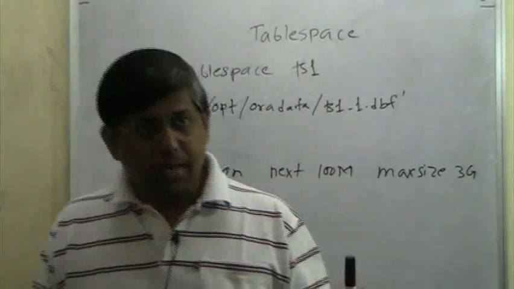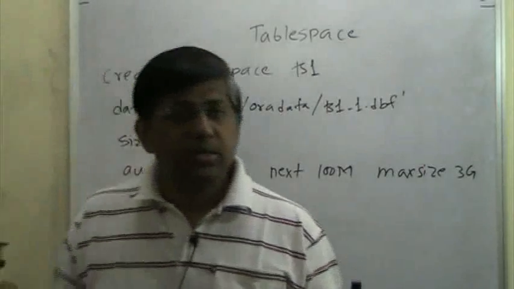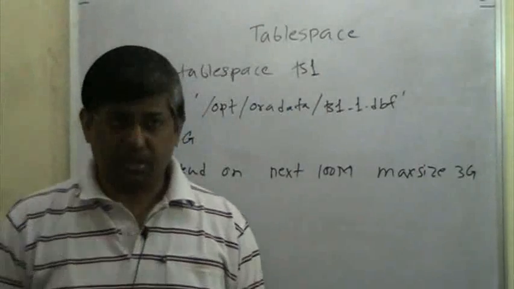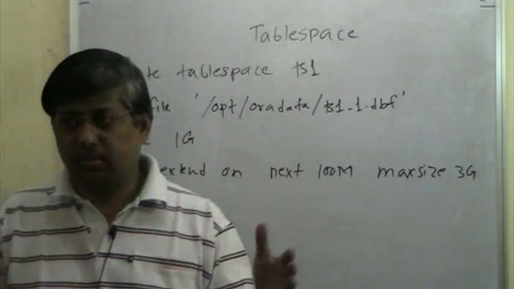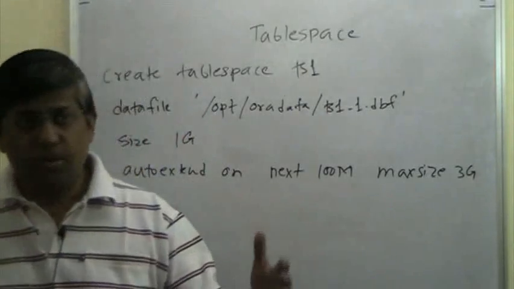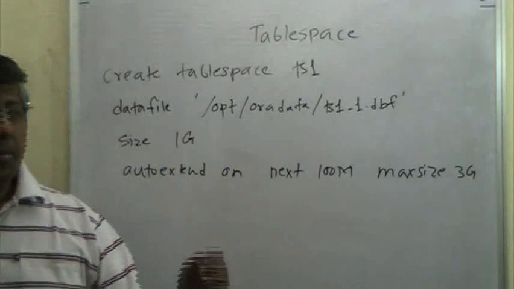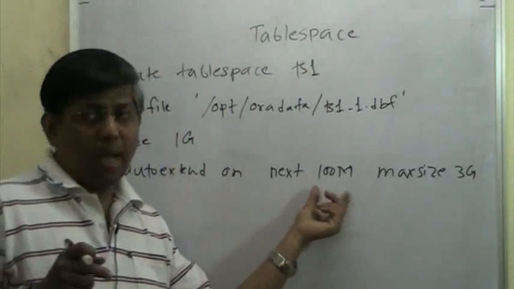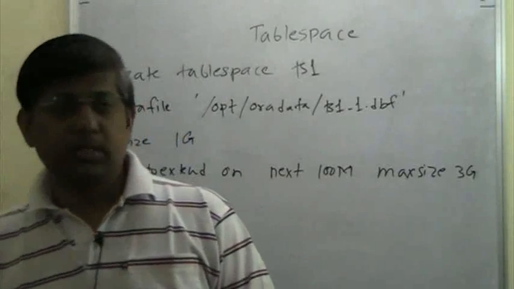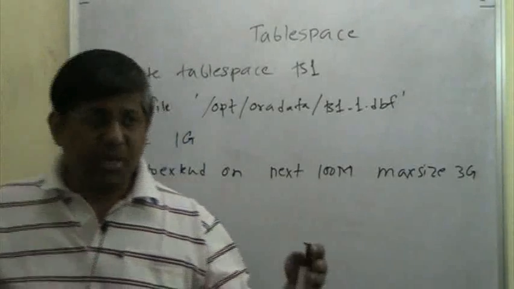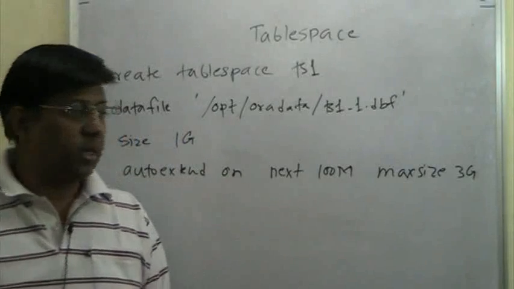So you pre-allocate that space of 1.5 GB so that the data loading becomes faster. If you don't do that, the auto extend will still grow the size slowly from 1.1 to 1.2 and finally it will become 1.5, but then this increase will happen maybe 4 times, and because of that there could be some slowness in the data loading. So if the space is pre-allocated, the data loading process becomes very fast.